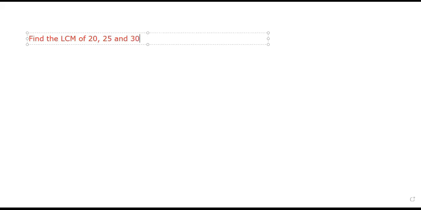So we are basically going to find the LCM of 20, 25, and 30. Now, this would explain all what we have just said earlier. Don't forget, it says draw some vertical lines to make columns. So I'm going to draw vertical lines just like it is said. So I have vertical lines this way.